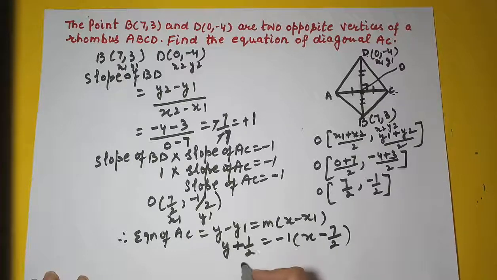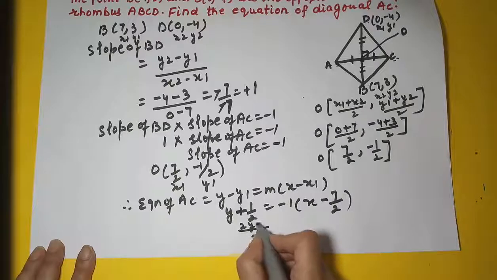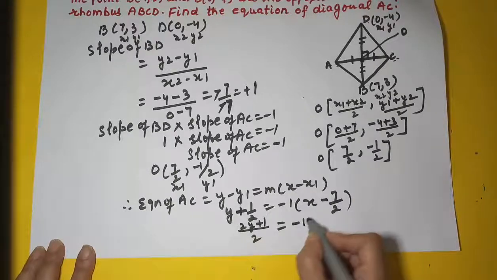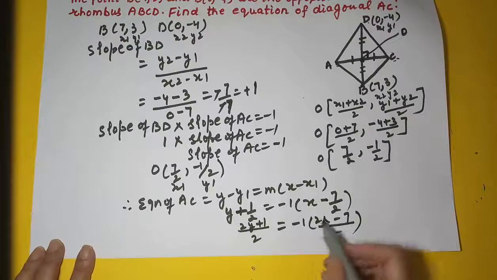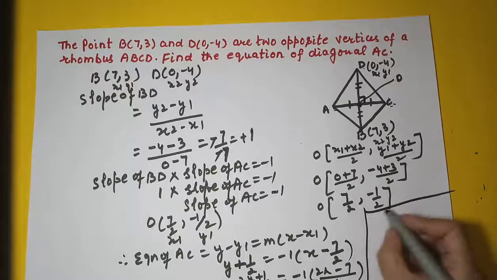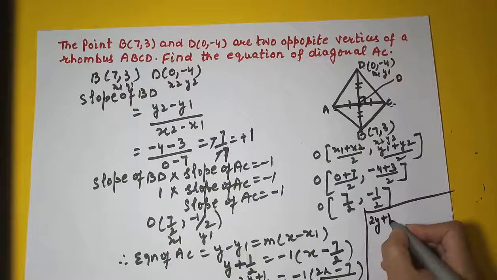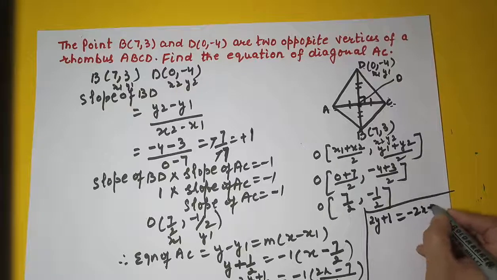So if you take 2 as LCM, what will you get? 2y plus 1. Here -1, if you take 2 as LCM, you will get 2x minus 7. The 2s cancel. Now finally you are left with 2y plus 1 is equal to -2x plus 7.